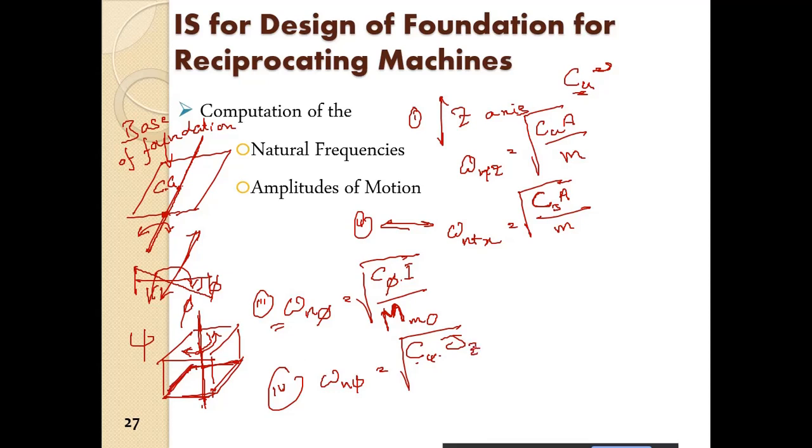Suppose J, or we can write theta. So that is the polar moment of inertia of this base foundation area about the z-axis.